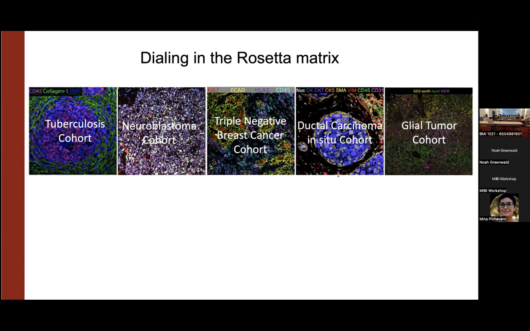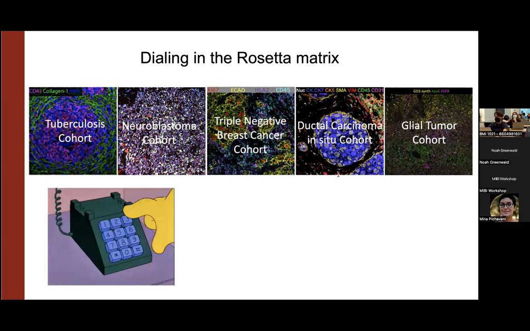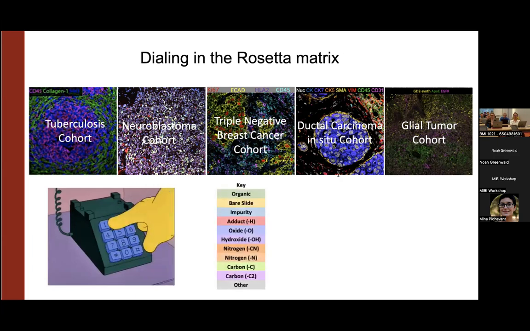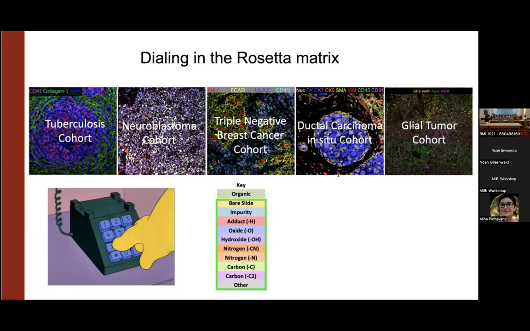By bringing all these cohorts through the compensation pipeline, we've dialed in these coefficients as we've heard. And we're at this point very confident with a lot of these coefficients, especially when it comes to a lot of the metal impurities, as well as some of the adducts like the oxygen, nitrogen, carbon that get attached to these metals that you've heard about.